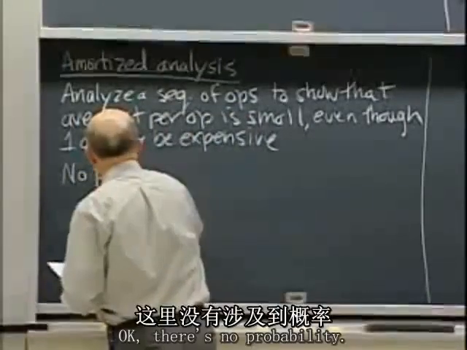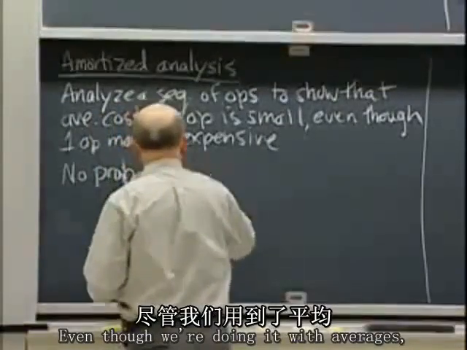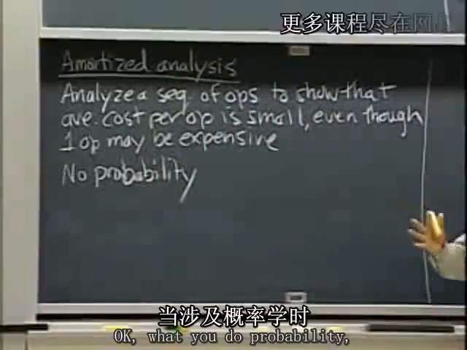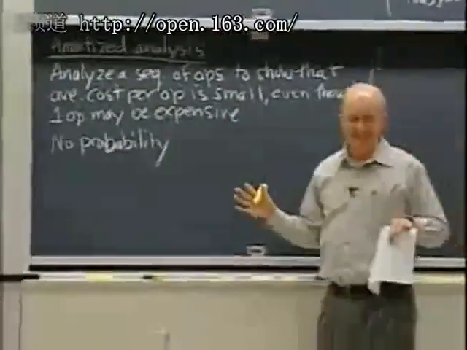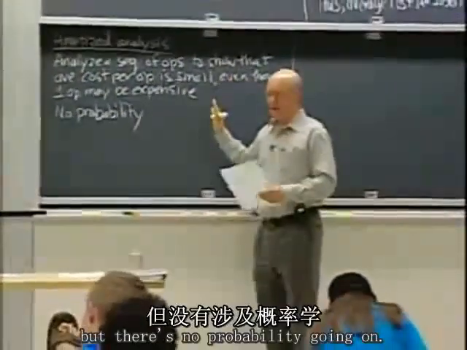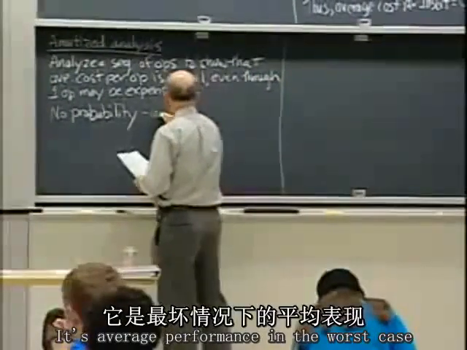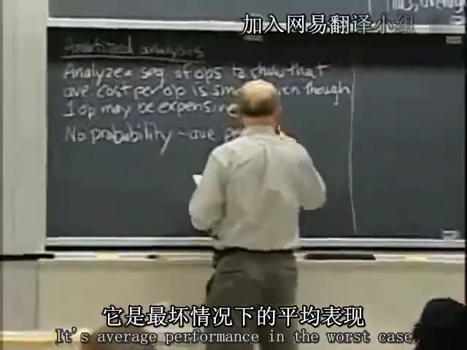There's no probability. Even though we're dealing with averages, there's no probability going on. When you do probability and you're looking at means, there are averages too, but here there's no probability going on. It's average performance in the worst case.